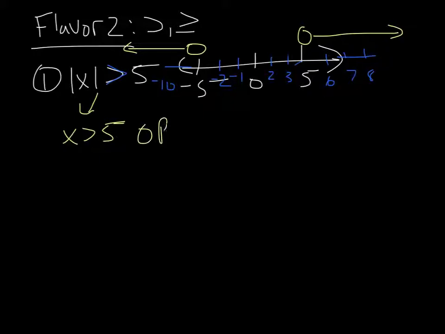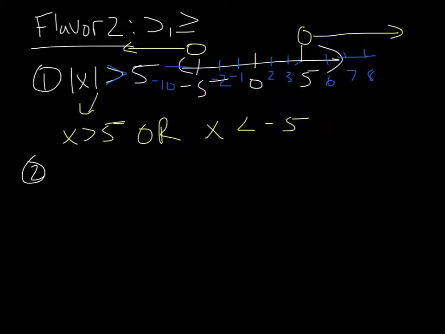And the other option is x could be less than negative 5. Now, why less than? Well, when I look at the graph part of it, I can see less than goes to the left, and less than negative 5, you can see that I am, in fact, smaller than negative 5. That captures the negative 6, negative 10, which are all more than 5 away from 0.